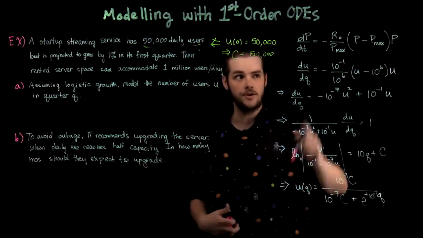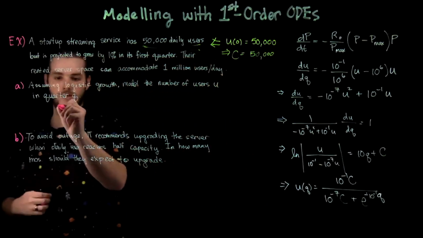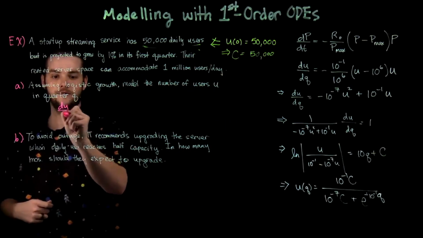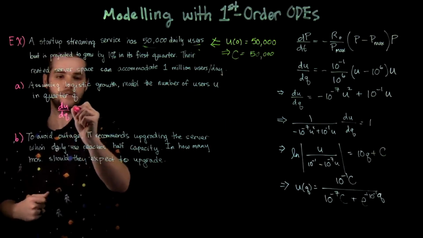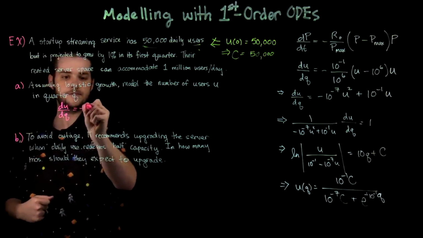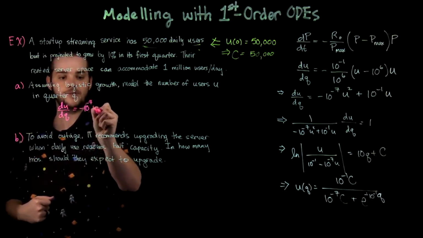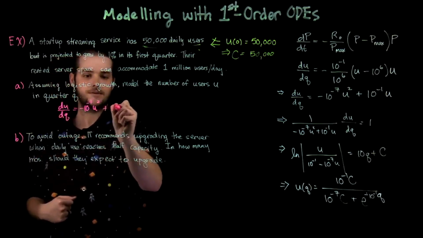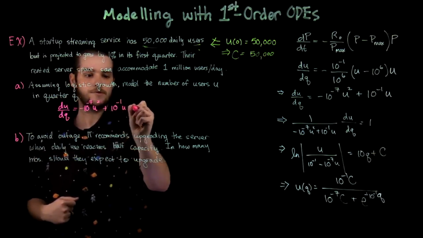So all of that said, I can finally write down the answer here. The model is the differential equation that du/dq is equal to negative 10 to the minus 7 u squared plus 10 to the negative 1 u.